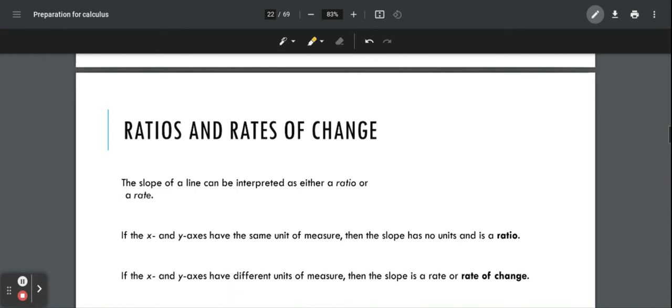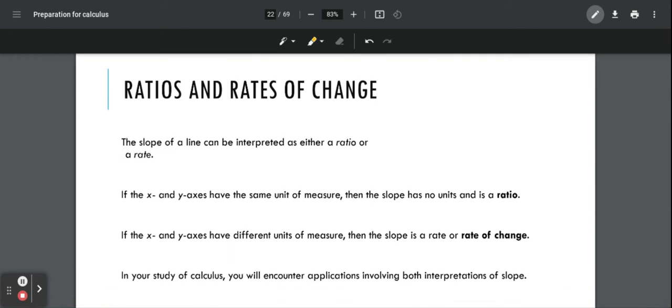So then going into the next slide, the ratios and rates of change. Just remember that if they ask you for a ratio or if they ask you for a rate of change, they're really just asking you to find the slope, right? So a ratio or a rate of change really has that same meaning as slope. If x and y axes have the same unit of measure, then the slope doesn't have any units and it's a ratio.